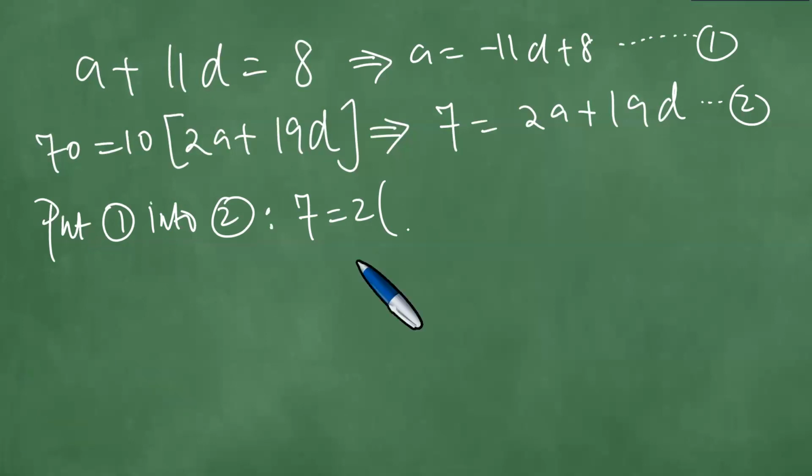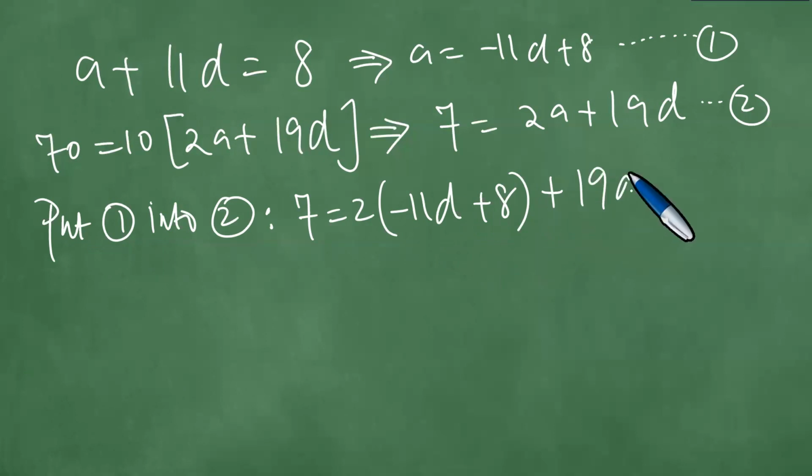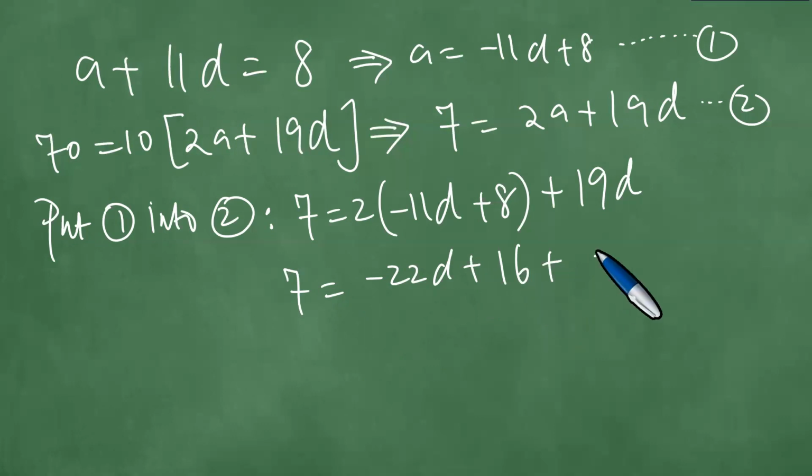So this is minus 11d plus 8, plus 19d, which means 7 is minus 22d plus 16 plus 19d. Now you can transpose the terms.